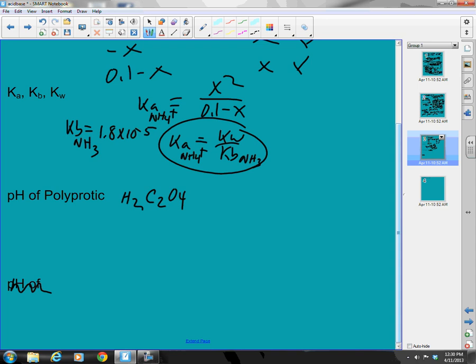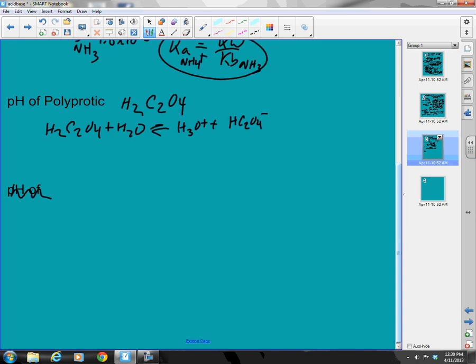Let's draw this out real quick. H2C2O4 plus H2O yields H3O plus and HC2O4 minus, and then down here we have HC2O4 minus plus water going to hydronium plus oxalate.